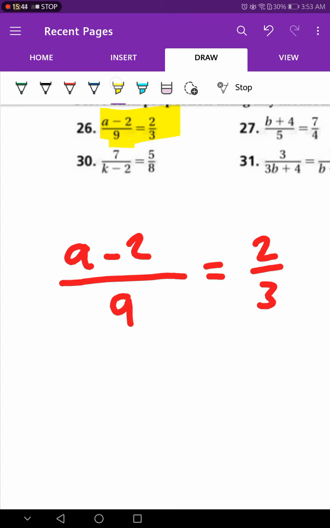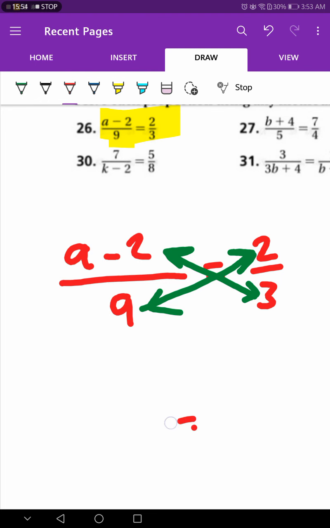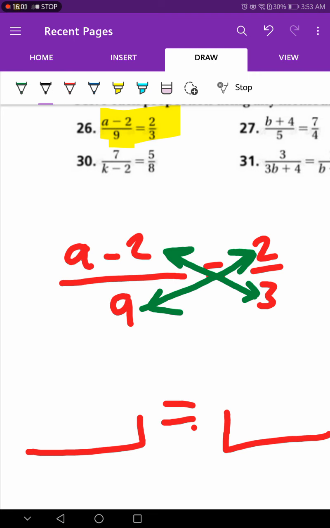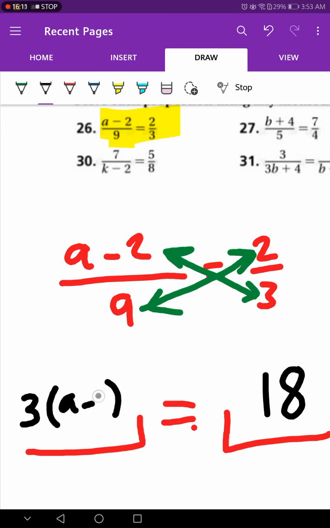Now, the cross multiplication says this: I draw the cross multiplication and determine the left and the right side. Now 9 multiply 2 equals 18. I will put it on the right side. Now 3 multiply a minus 2, so it is 3 multiply a minus 2.